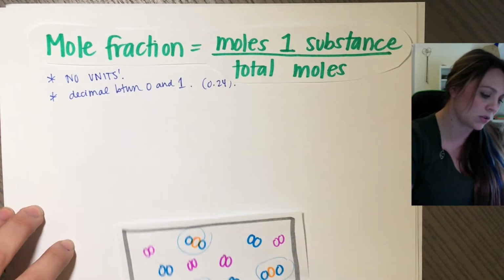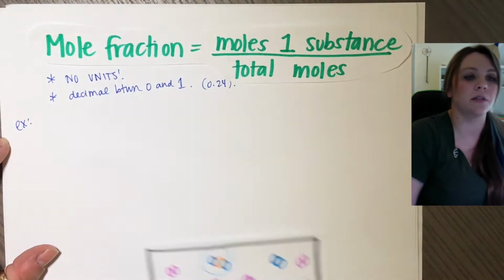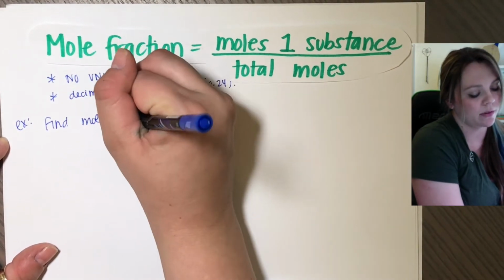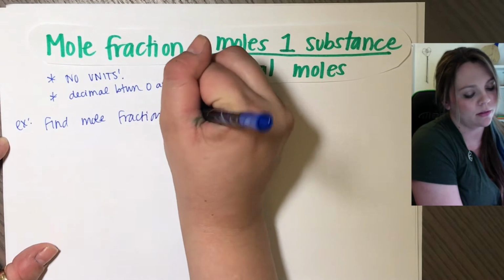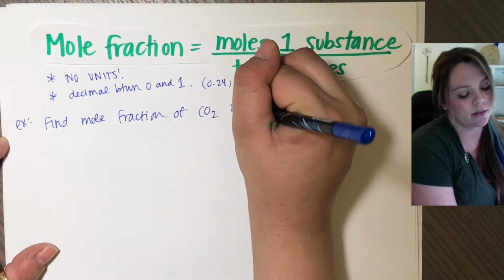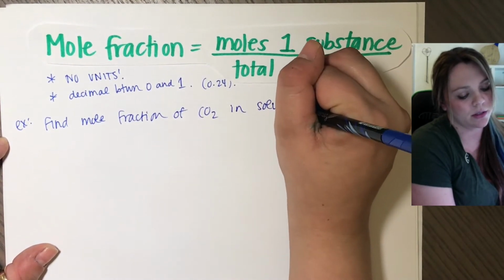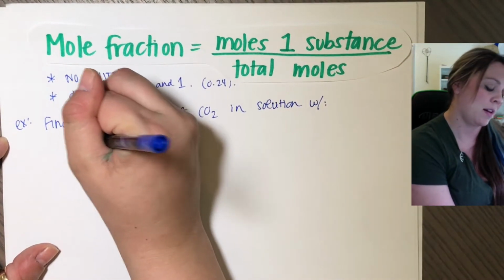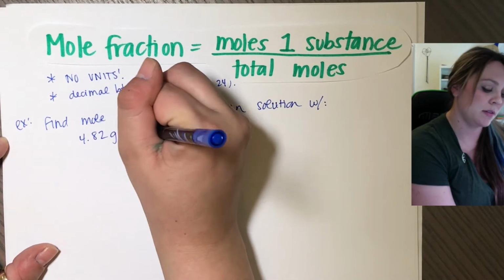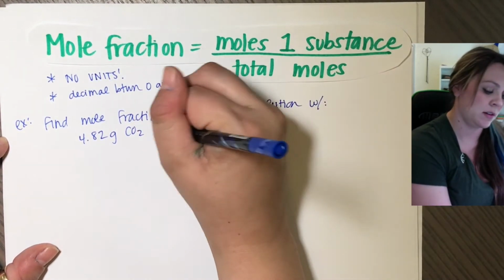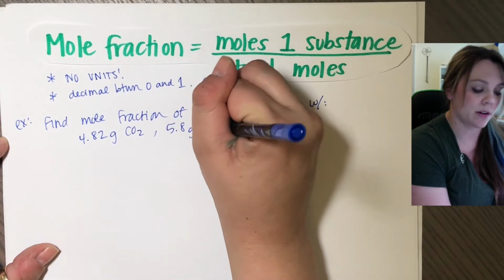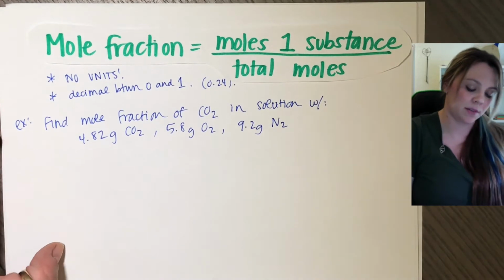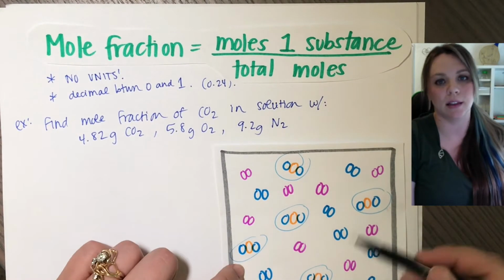So the example question for this one: find the mole fraction of carbon dioxide in a solution with 4.82 grams of carbon dioxide, 5.8 grams of oxygen, and 9.2 grams of nitrogen, which would be exactly this in a gas chamber.